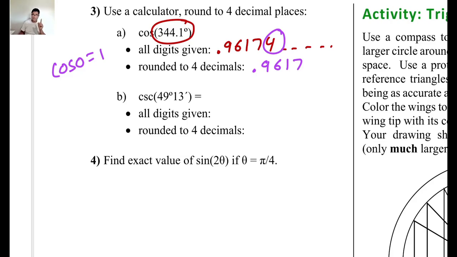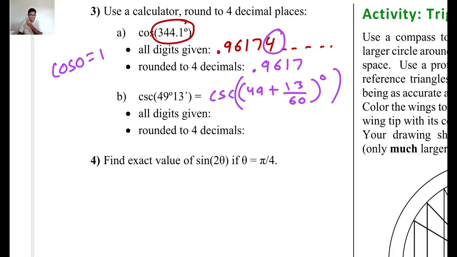Next, cosec 49 degrees and 13 minutes. First of all, you will have to convert that to degrees, right? So 49 plus 13 divided by 60 degrees. That's what we are evaluating here.